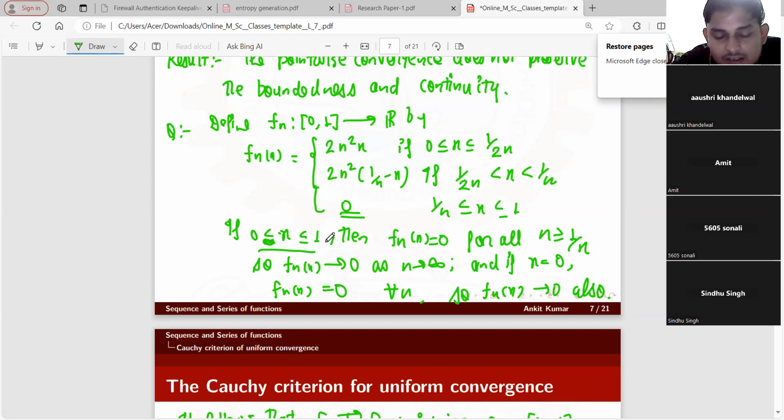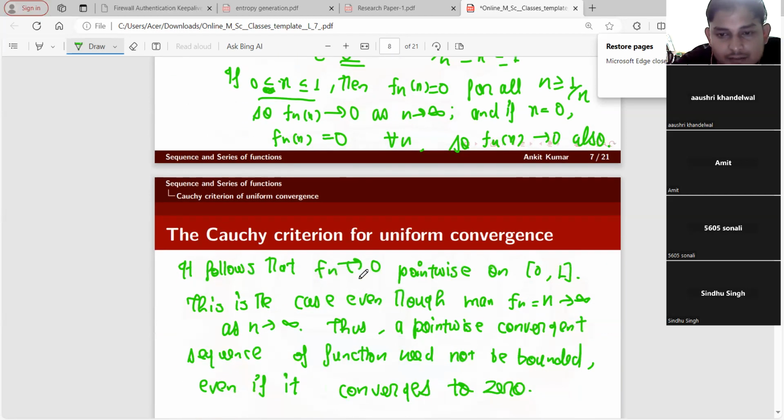If x lies between 0 and 1, then for all n greater than or equal to 1 by x, putting x equal to 1 by n, fn tends to 0 as n tends to infinity. And if x is equal to 0, then fn(x) is equal to 0. So fn(x) tends to 0.